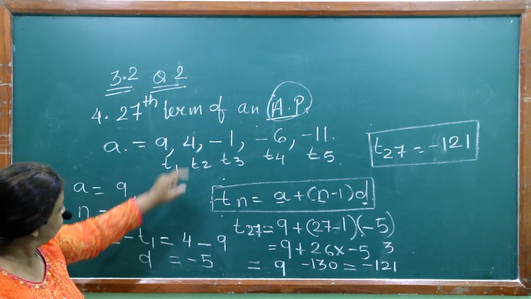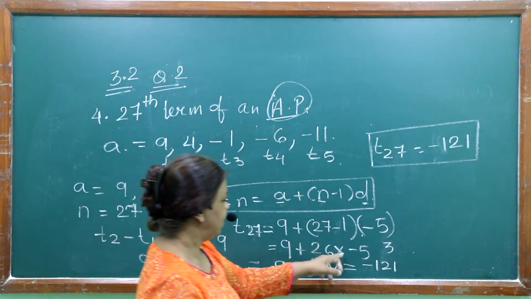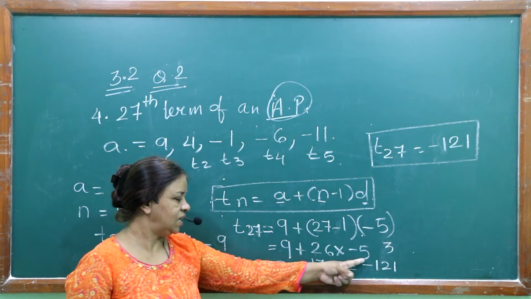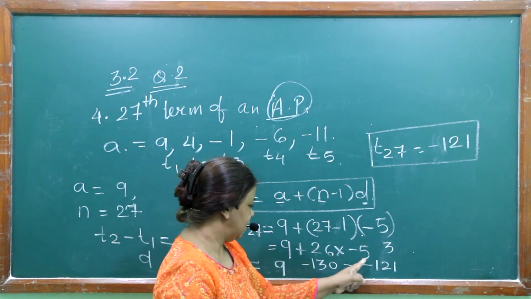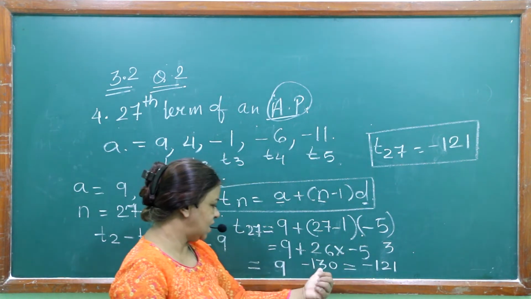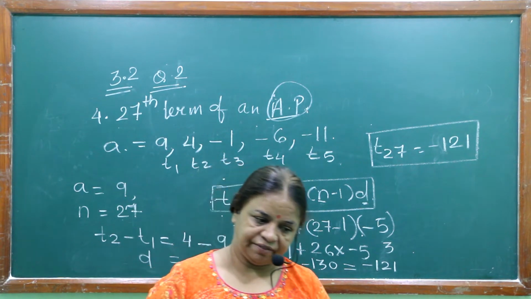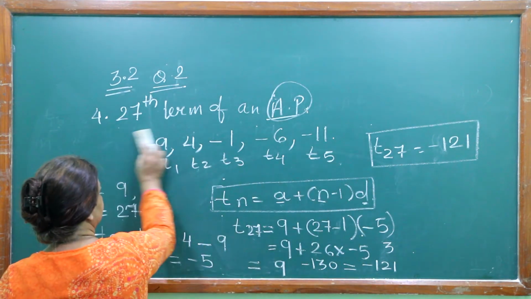So T2 is 4, minus 9 is minus 5. Okay, 26 into minus 5 is minus 130. 5 6s are 30. Carry 3. 5 2s are 10. 10 plus 3, 13. So 9 minus 130 is minus 121. Go for the next sum now.